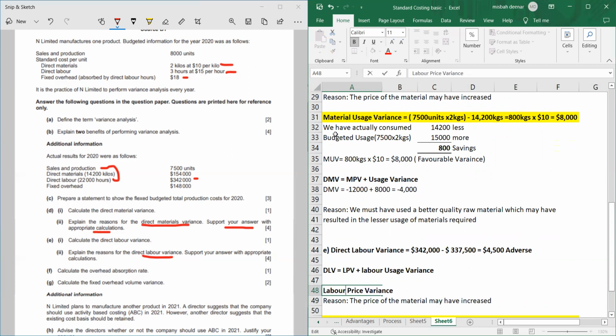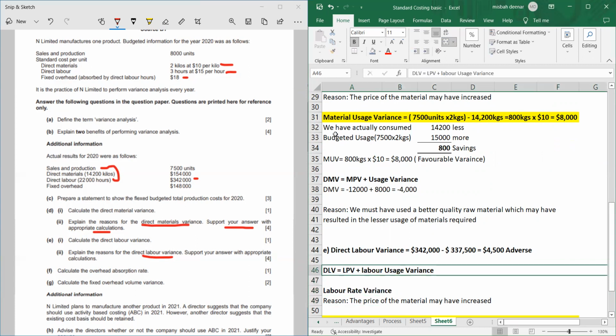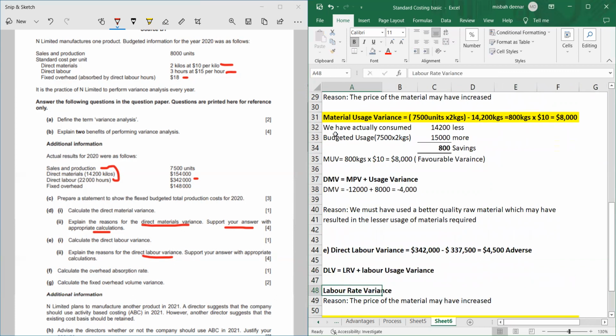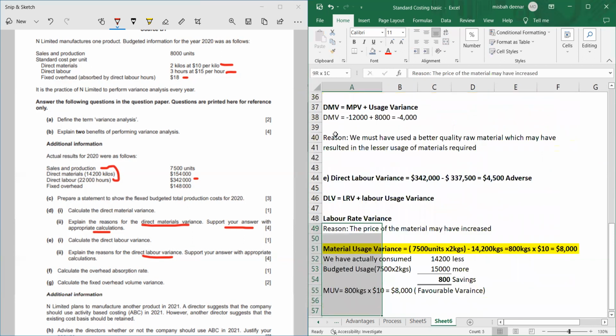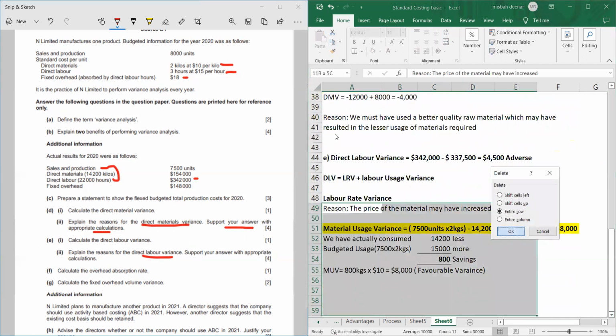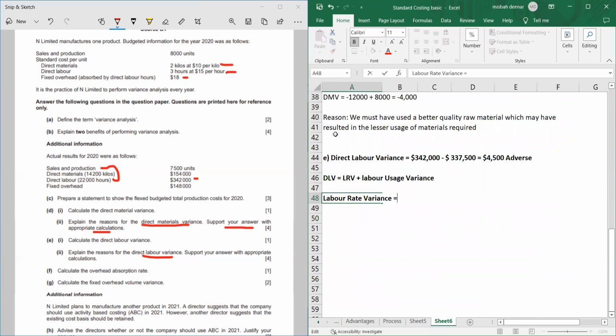The more authentic name is labor rate variance. You can write it as LRV, labor rate variance. So let's delete it to avoid any confusion. I will do it from scratch.